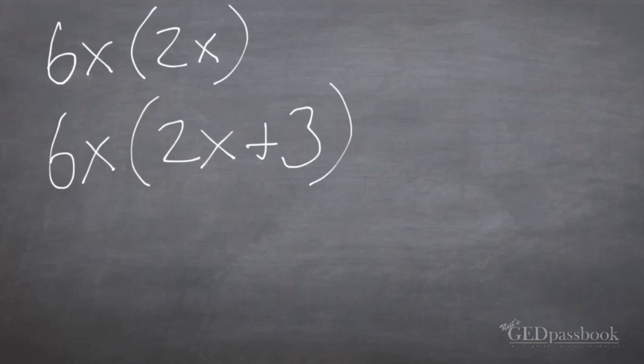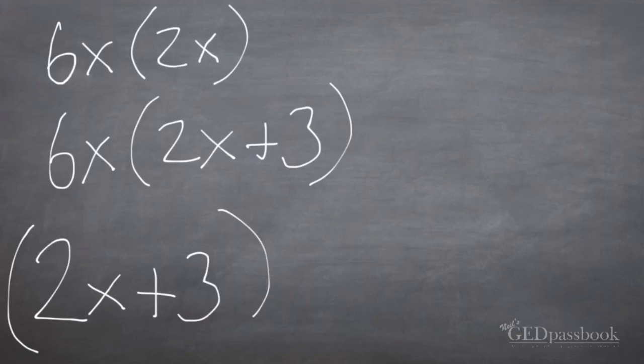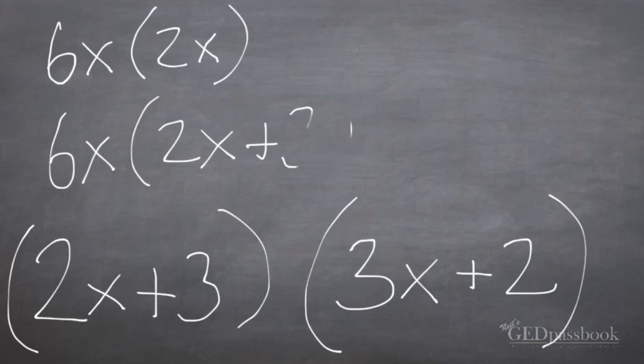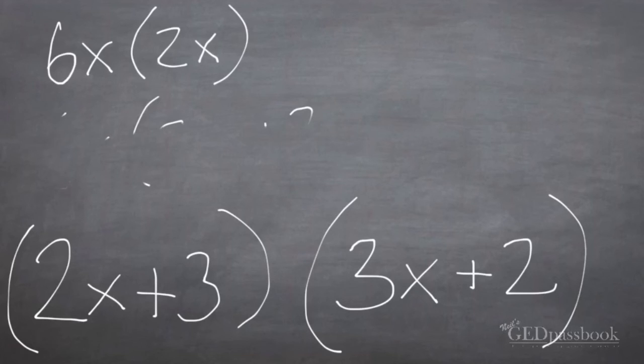What happens if we have, let's say, 2x plus 3 times 3x plus 2? Oops. This, my friends, is still using the distributive property, except this one is different because it obviously involves a little bit more work.